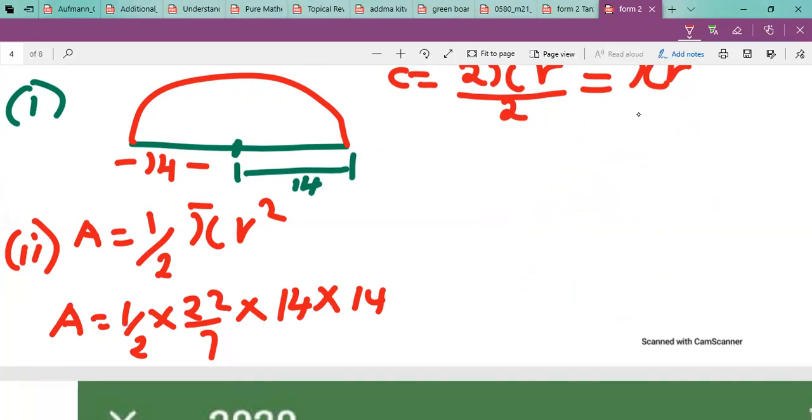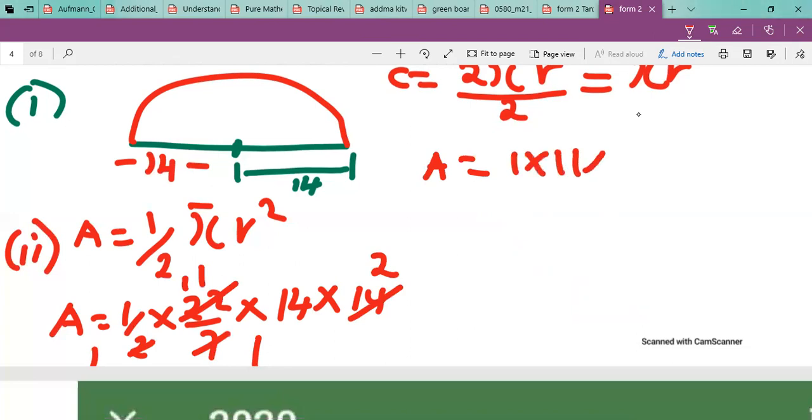So 2 into 2 is 1, 2 into 22 is 11. Then 7 into 7 is 1, 7 into 14 is 2. So our area is equal to 1 times 11 times 14 times 2. Very easy for you to multiply. 1 by 11 is 11.